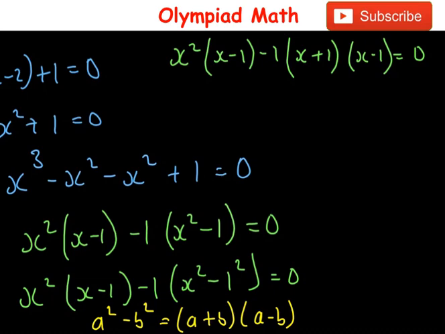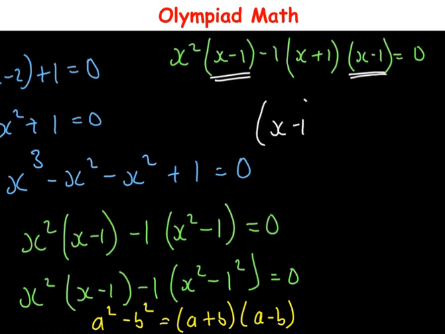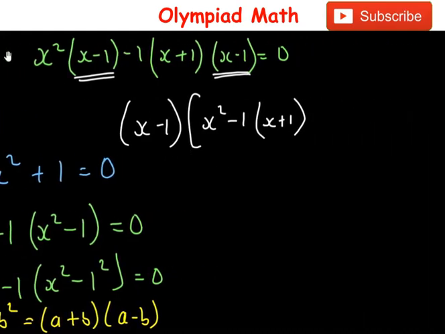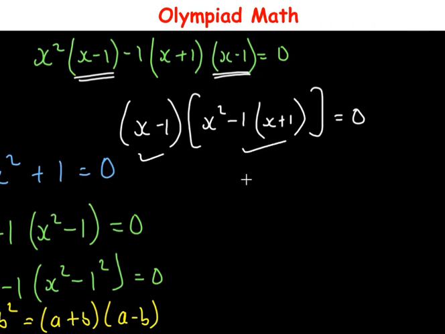So from here, we have a common factor, x minus 1. Factorize out x minus 1. We are left with x squared, then minus 1 multiplied by x plus 1, and all of this equals 0. So from here, we can equate this to 0 or equate this to 0.